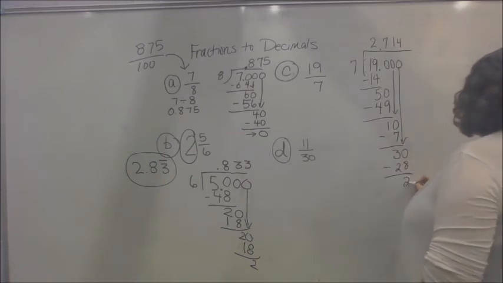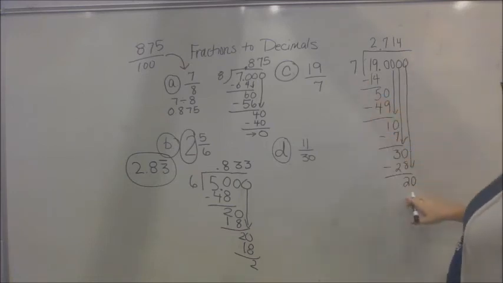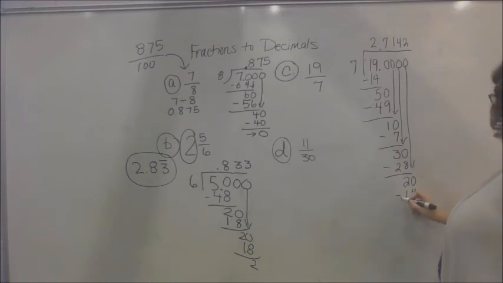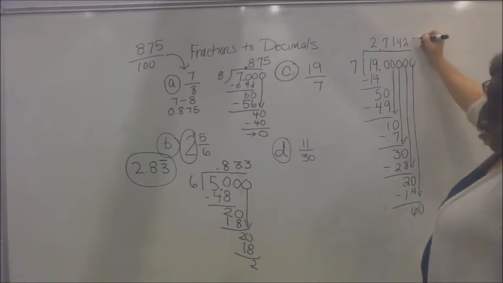Oh my goodness, are we ever going to stop? 7 goes into 22 times, which is 14. How many times will 7 go into 60? Well, 9 times 7, that's more than 60. So 8, what's 8 times 7?